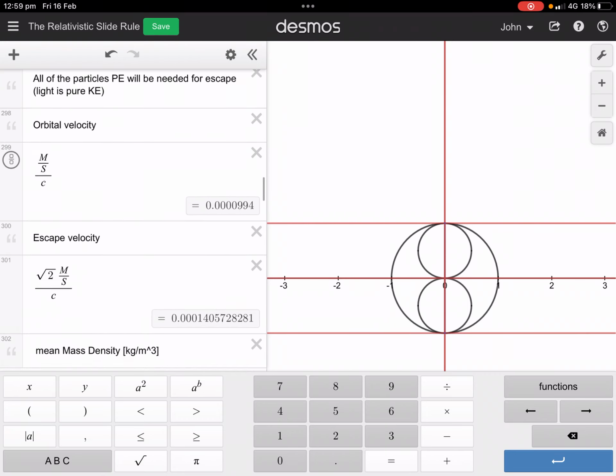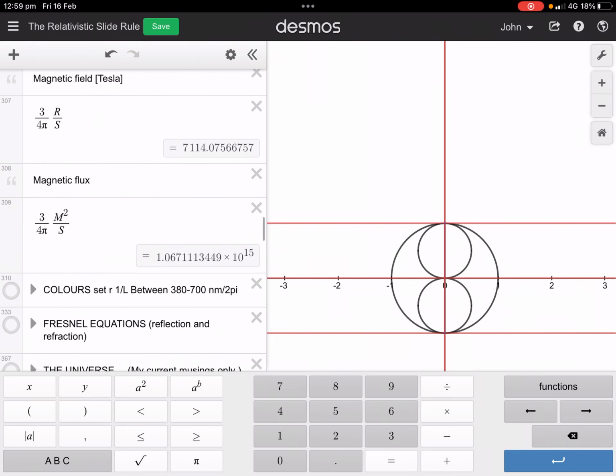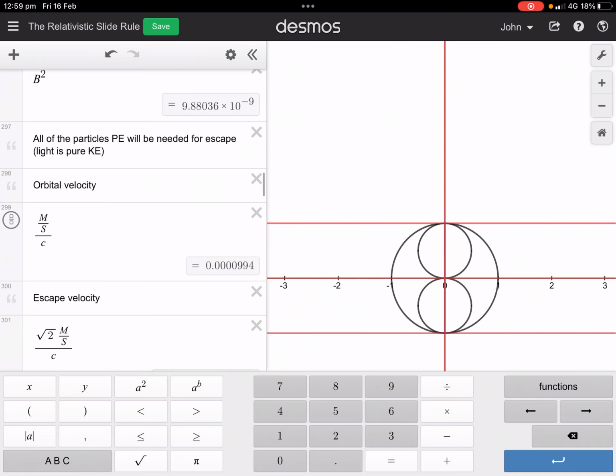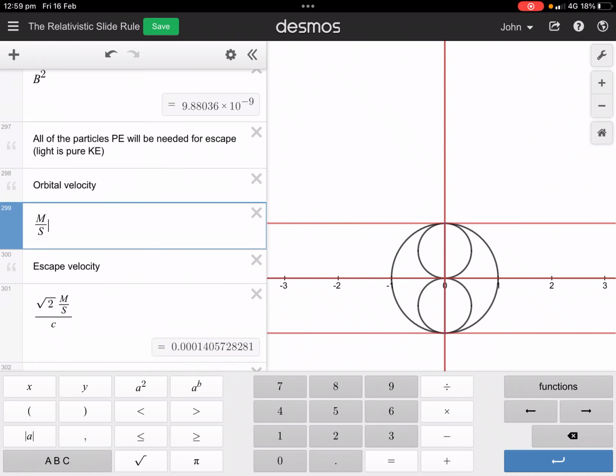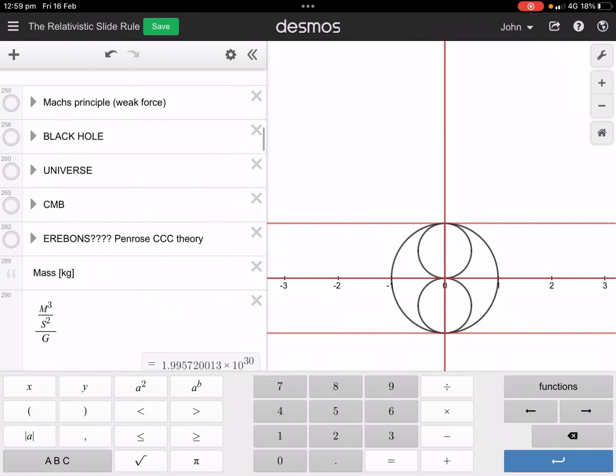Not much time dilation. Velocity is obviously the main one I want to look at. What's the velocity? Yep, it's the velocity of the Earth going around the sun, about 30,000 meters per second. Takes a year to get round. Okay, so that's correct.